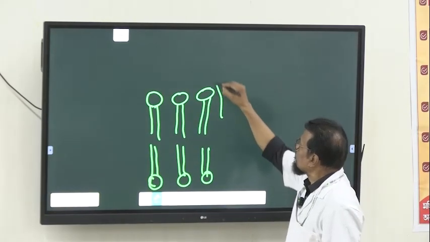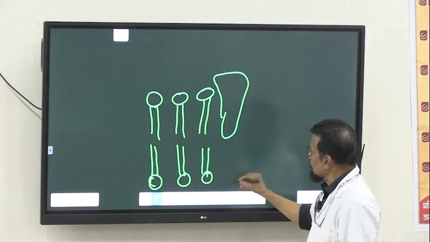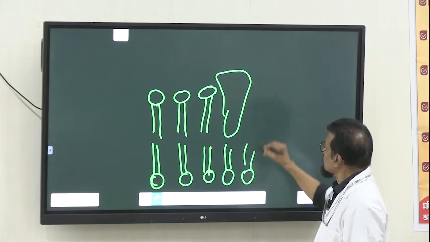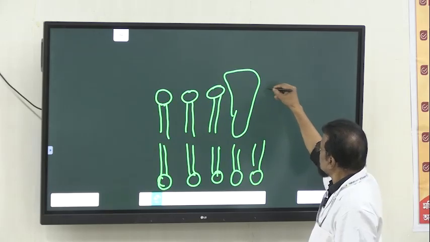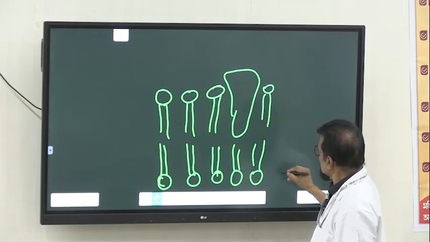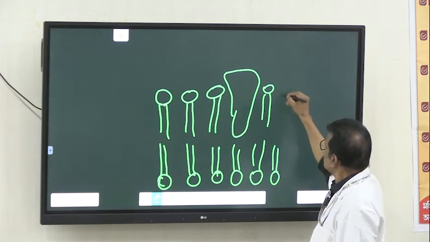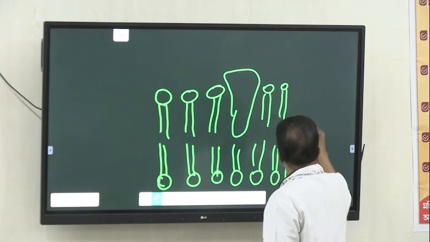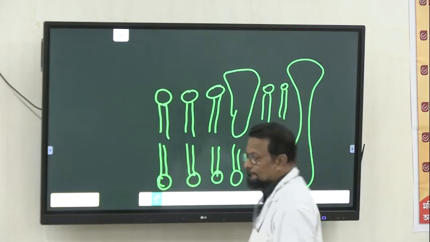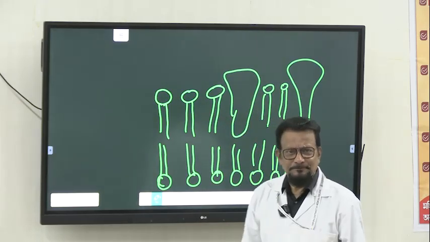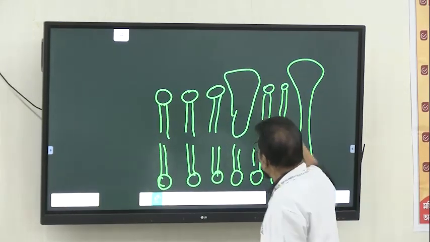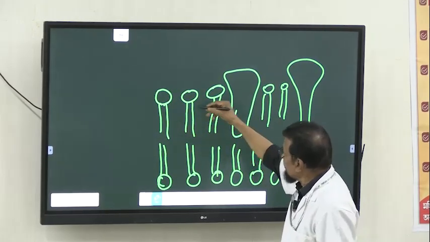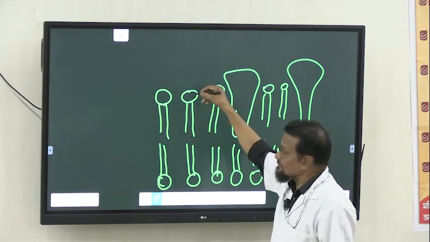In between, these are the proteins. These are the fatty acids, and this is the phosphate part of a phospholipid.